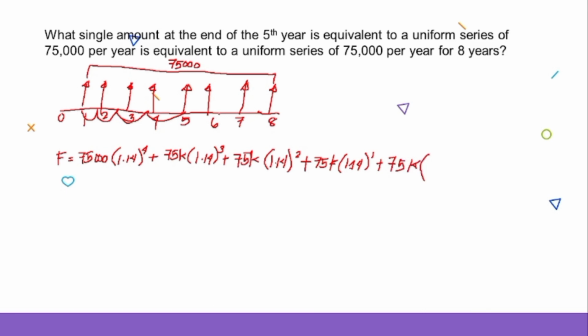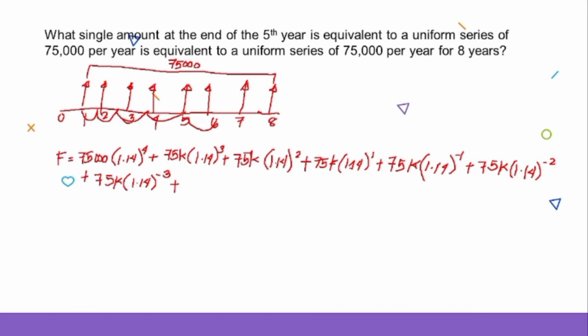We will be jumping backward once, so that would be 1.14 raised to negative 1, plus year 7, 75,000 times 1.14 raised to negative 2, plus, for the last year, sa 8th year, nagbayad ka ulit ng 75,000 times 1.14 raised to negative 3, plus, ano pa ang kulang natin?